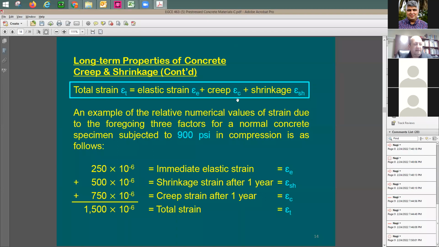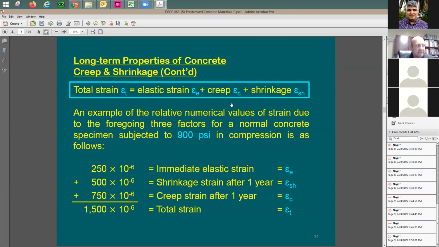We stopped at the concrete strain and how this is going to affect the losses. And we said that the total strain is going to be composed of 3 components. You have the elastic strain, which happens once you apply the pre-stressing to the concrete. And then you're going to have the creep strain, which is due to the fact that this pre-stressing force is going to stay there for a long time.